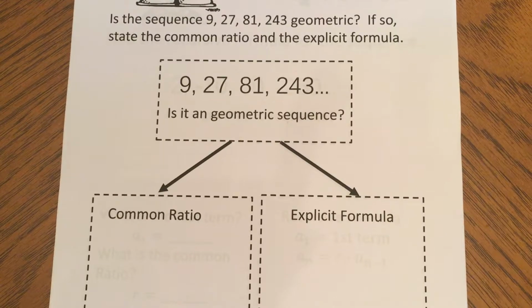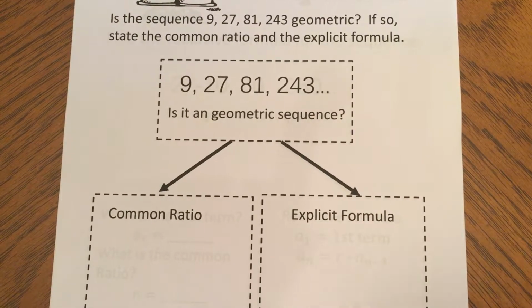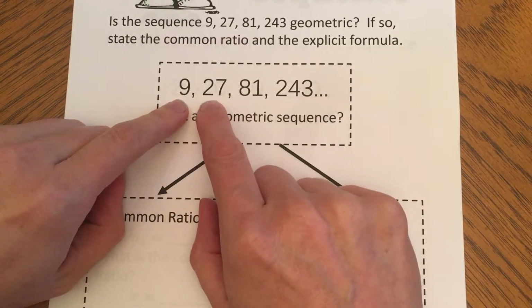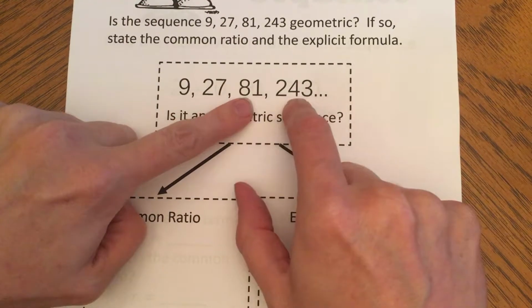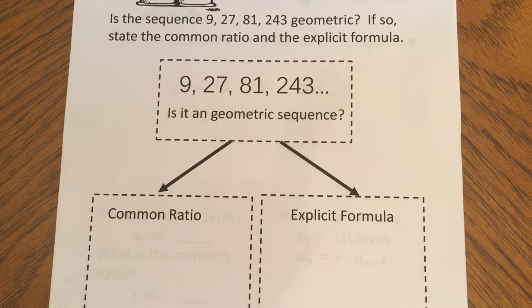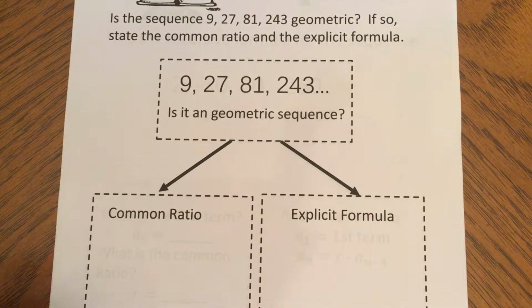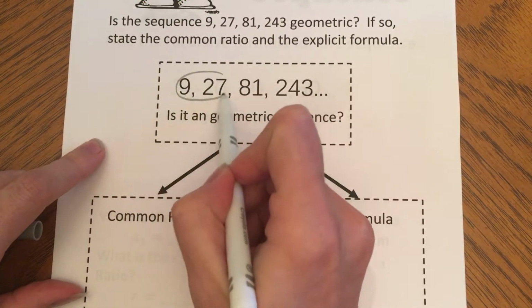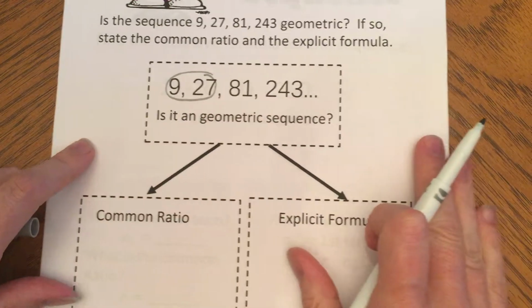All right, so a common ratio is, do we change the same amount one to another by building a ratio of the previous two values? So let's see. We'll look at these two values.